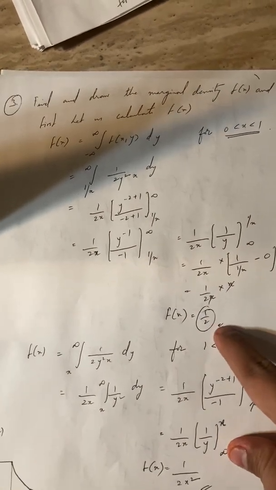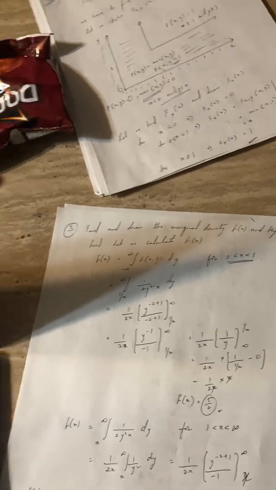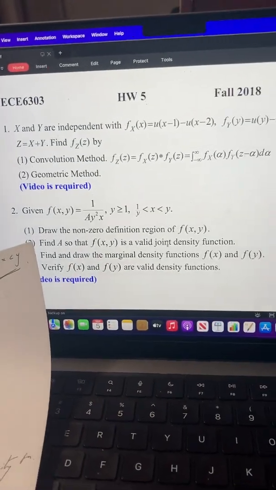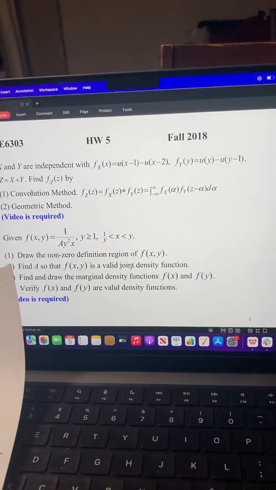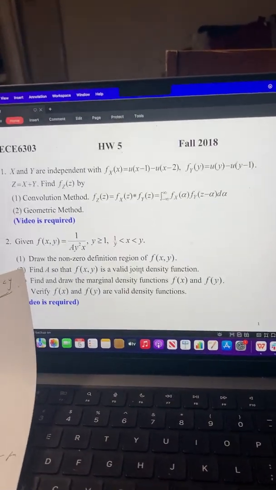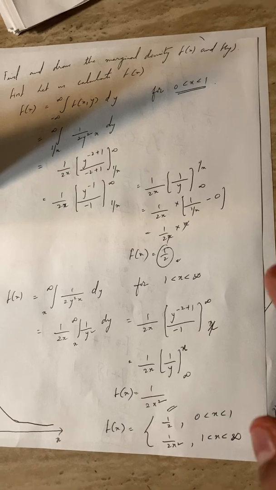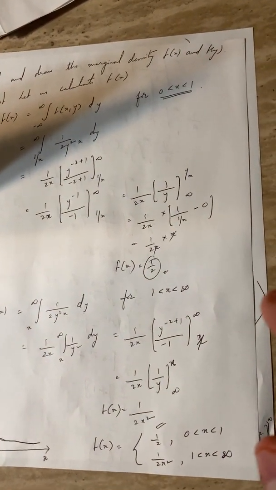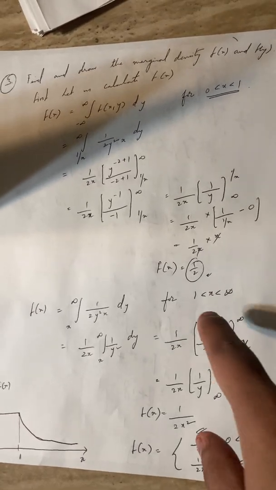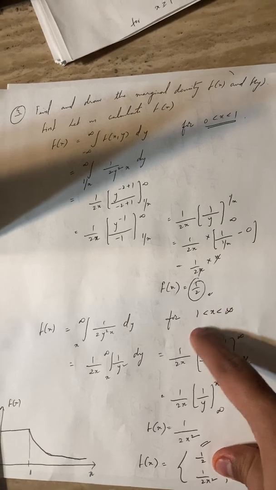I've got the answer as 1 by 2. This is only for the interval 0 to 1, because 1 is the limiting factor here. Now comes the case where x lies between 1 and infinity.